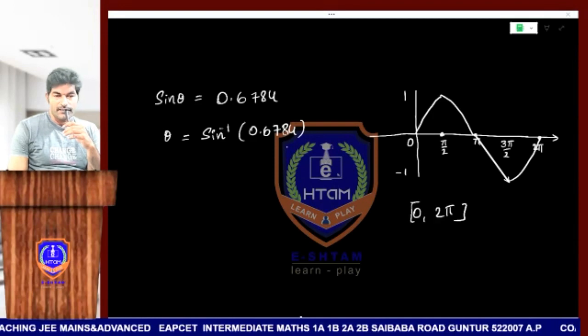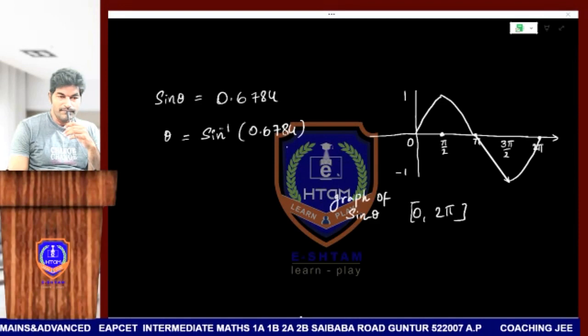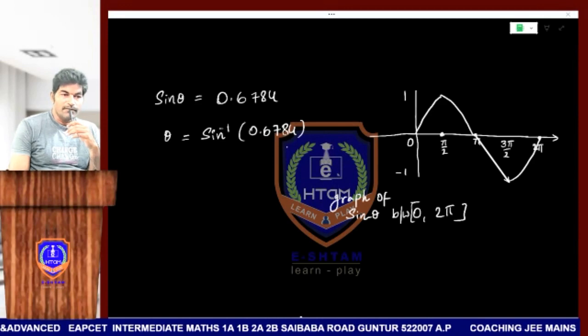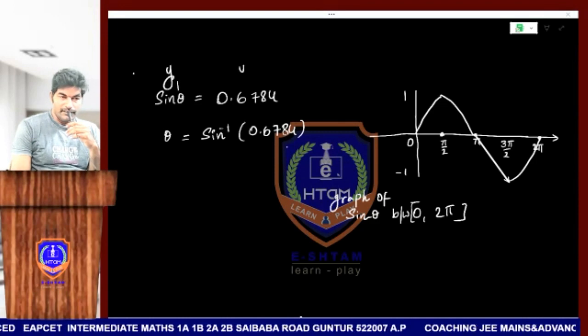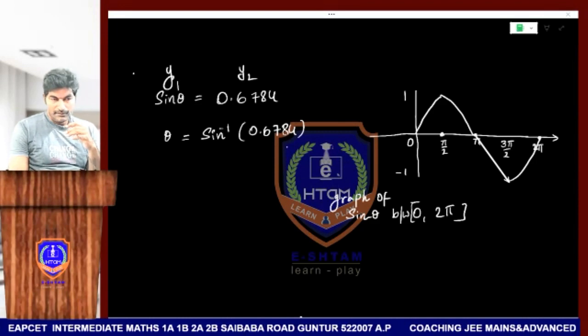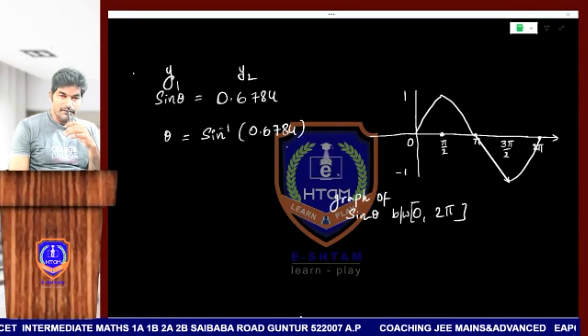This is the graph of sine theta between 0 to 2 pi. Now, say this is y1. y1 is sine theta and y2 is 0.6784.